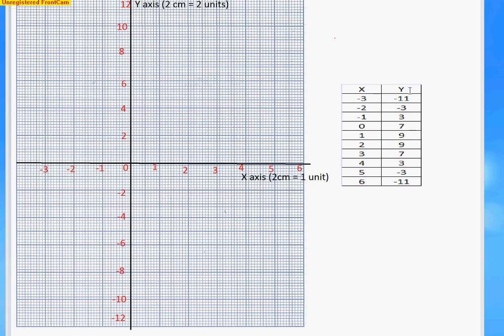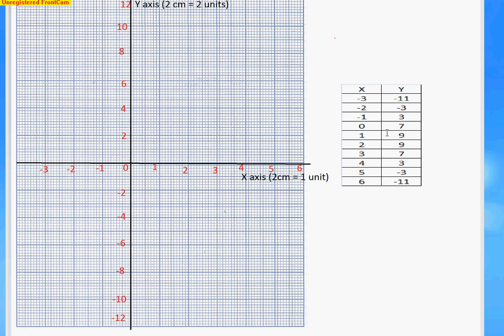My y ranges from positive 9 to negative 11, so you need to structure it such that going up to negative 12 and positive 12 will work. With 2 units on the y-axis, I can do 2, 4, 6, 8, 10, and 12, and that will cover everything. So the middle will be 0.